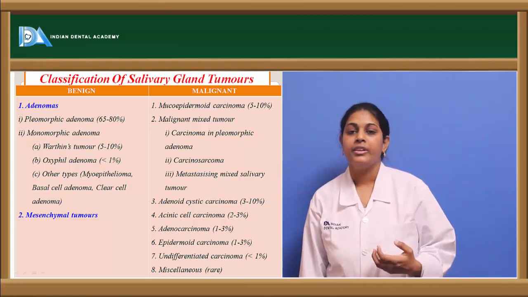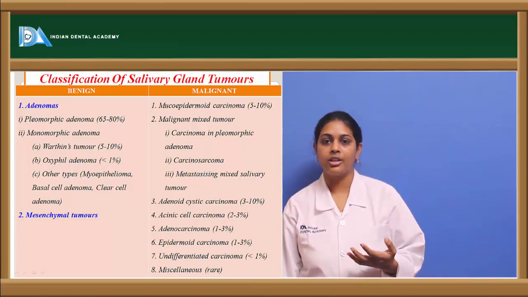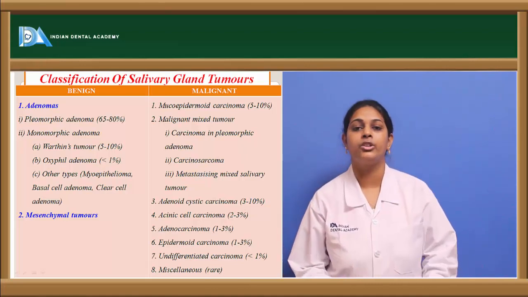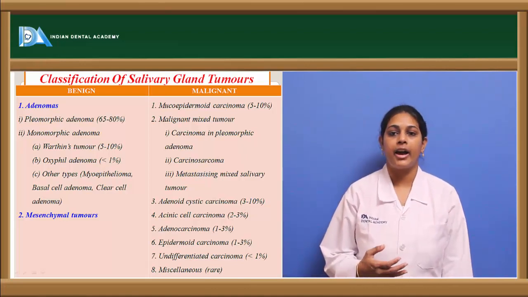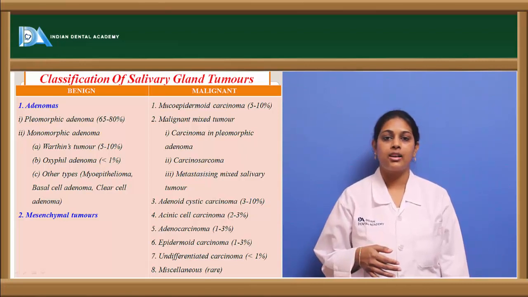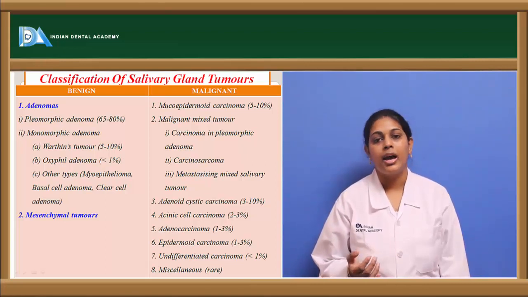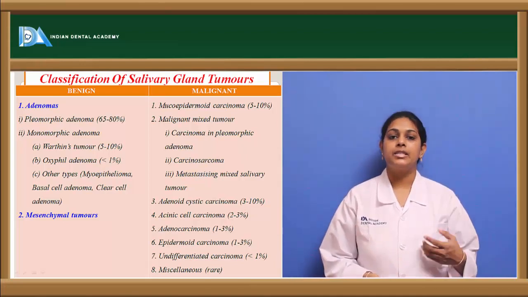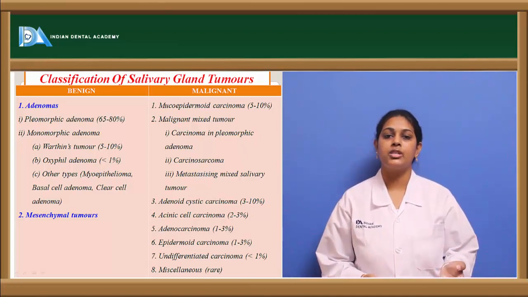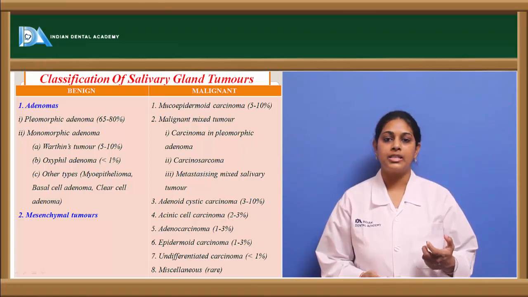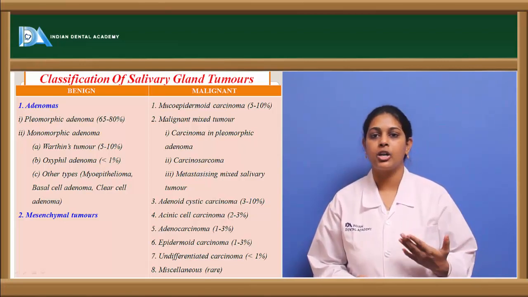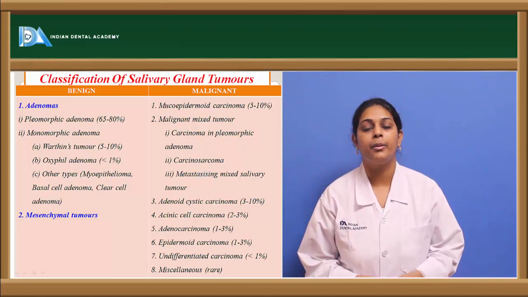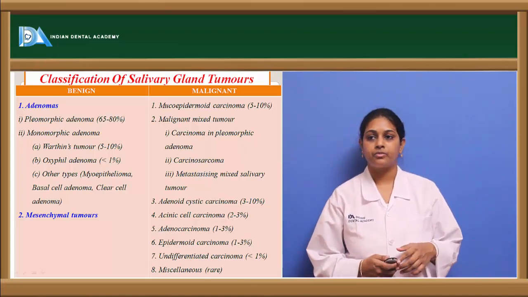The other malignant tumors, occurring in very small numbers, are adenoid cystic carcinoma, acinic cell carcinoma, adenocarcinoma, epidermoid carcinoma, undifferentiated carcinoma, and certain miscellaneous carcinomas, among them malignant melanoma.